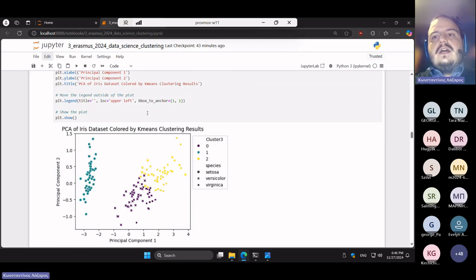In a context where we didn't really have a ground truth, where we didn't really know what was going on within our data, we would probably, if not always, try many different values of k so that we can understand how groups are differentiating from each other. We would start with k equals 2, for example, then move forward with k equals 3, and we can make all sorts of different experiments on this.